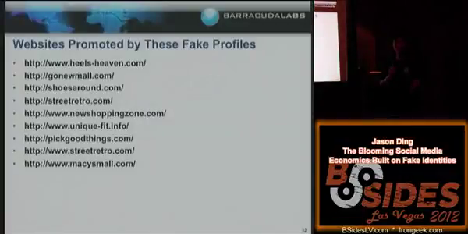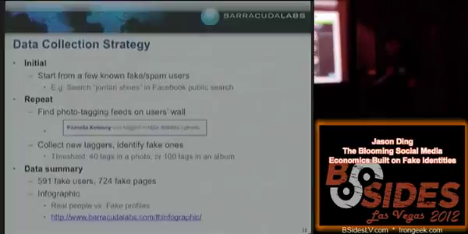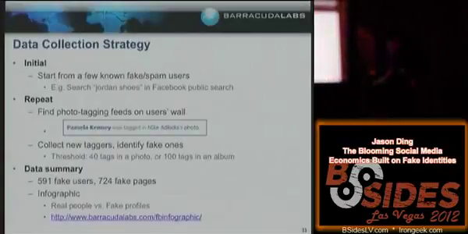They are promoting a website that's selling fake shoes. It looks like this page. This is a page of this website. It's like a template, pretty much similar. And how we collect them: we just search some keywords in the Facebook public search, and then we find some posts, and then go to those profiles that posted, and then keep finding who tagged them.